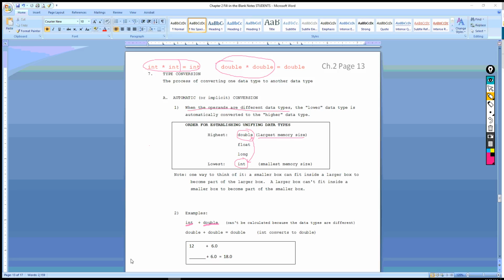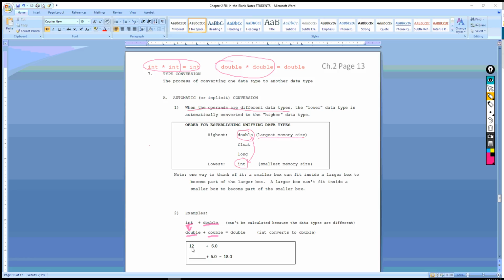We've demonstrated this with two cups. You can't stick the larger cup in the smaller cup, but you can put the smaller cup into the larger. So the int can become a double. The int gets converted to a double, and now you have a double plus a double. The calculation is rewritten, and we already know that a double plus a double is a double.